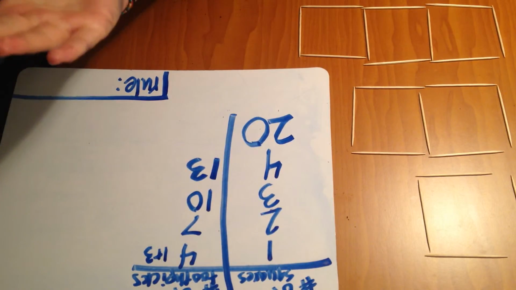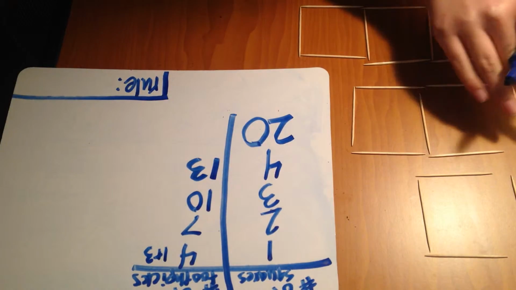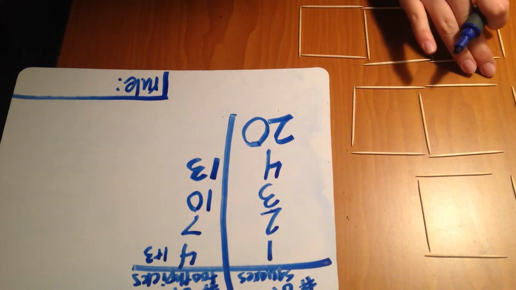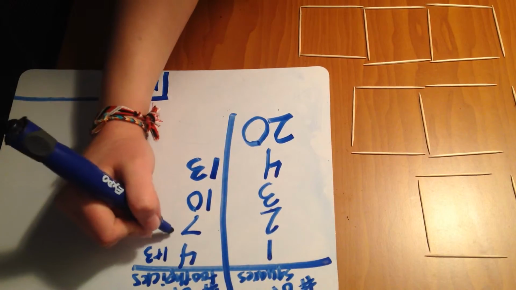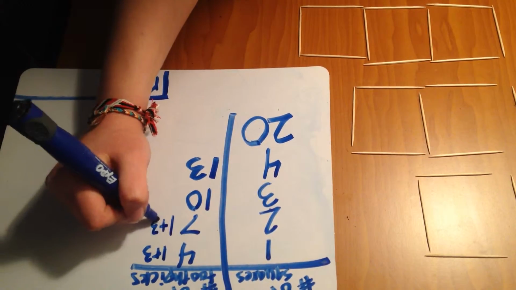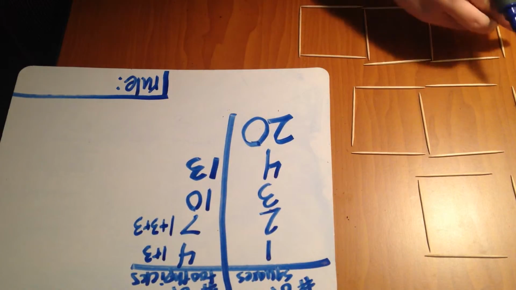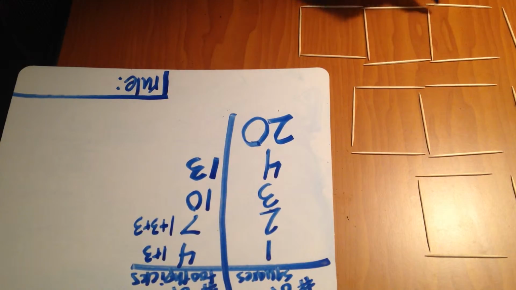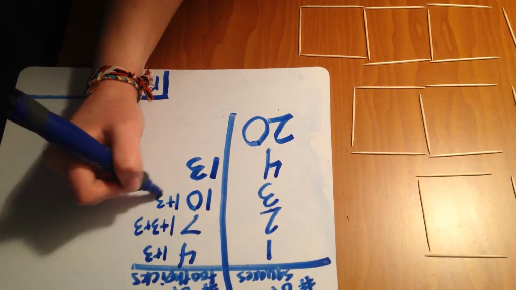I'm beginning to see that 1 plus 3 plus another 3 gives me 7, and that 1 plus 3 plus 3 plus 3 gives me 10.